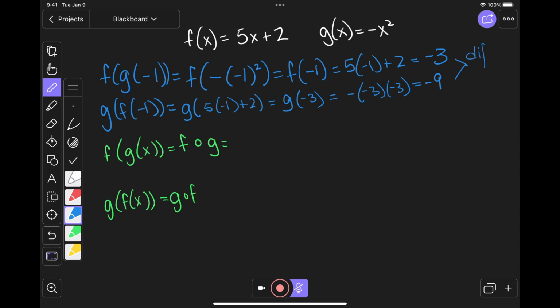They can be the same if the functions are special functions called inverse functions that we'll be looking at later. But usually they're not going to be the same if you do the functions in different order.